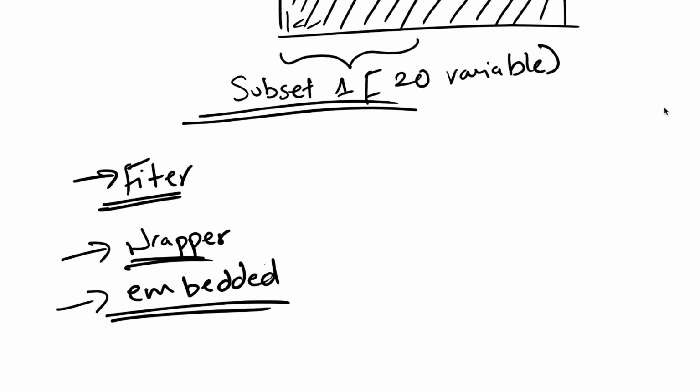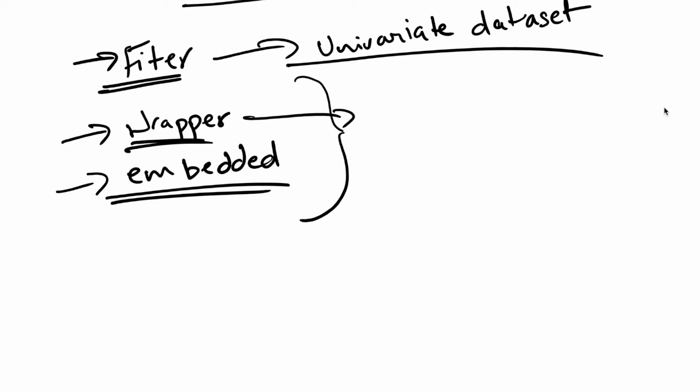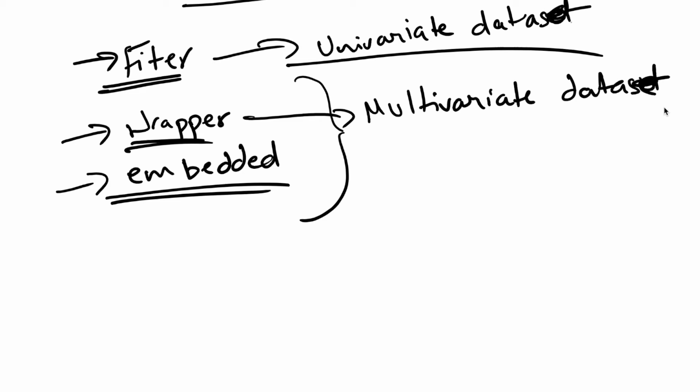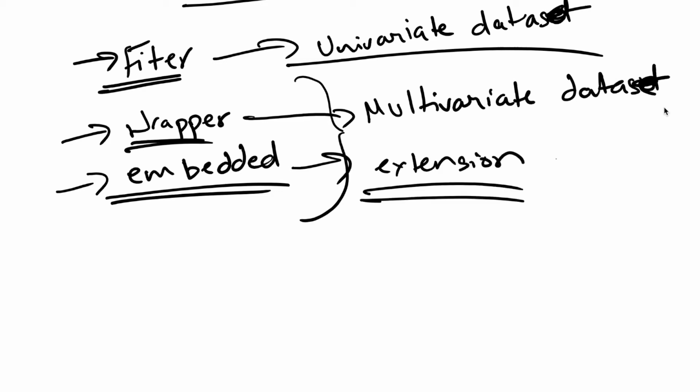Now your filter method works best with your univariate data. The wrapper method works best with multivariate data. And your embedded method is basically an extension of your wrapper method.